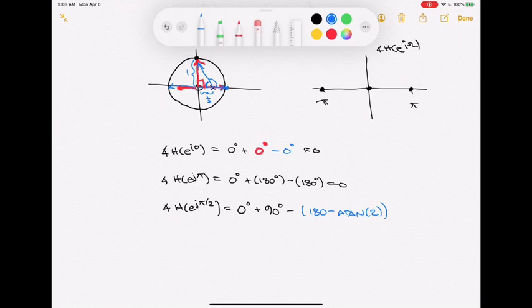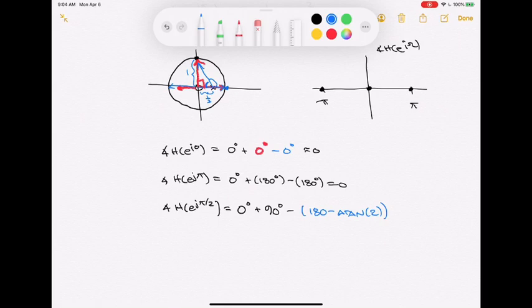I will pull out my calculator, see how well I can do this, hopefully get it to work out. So I'm going to take the arctangent of 2. I would like to convert this to degrees, since I'm keeping everything in degrees in here. So I need to take that radian measure, which was 1.1071, multiply by 180 degrees, and then divide by pi.